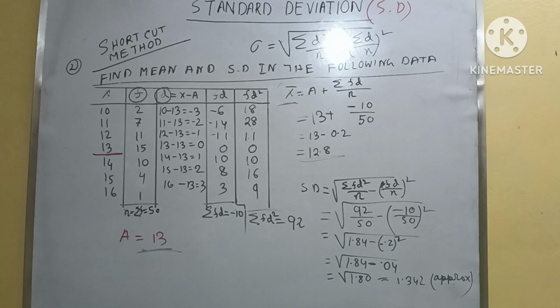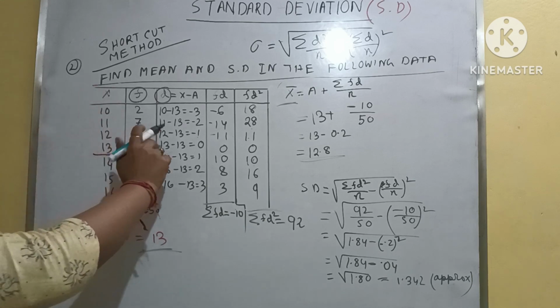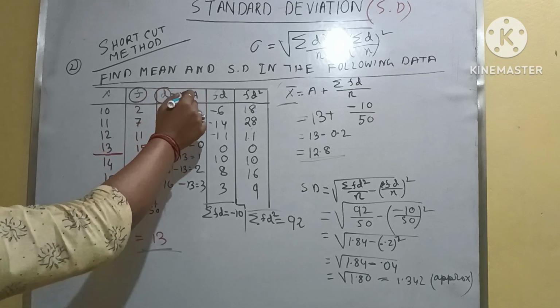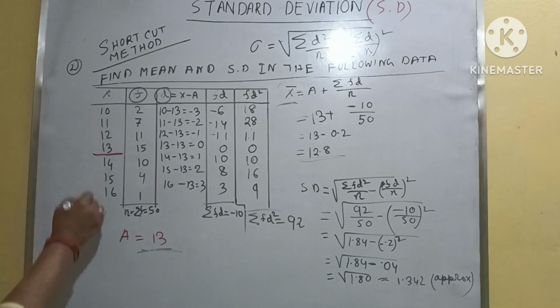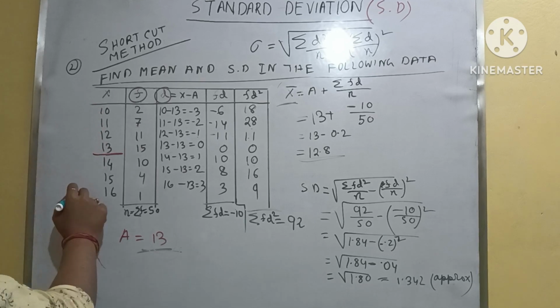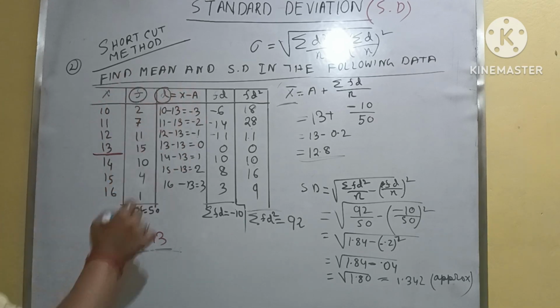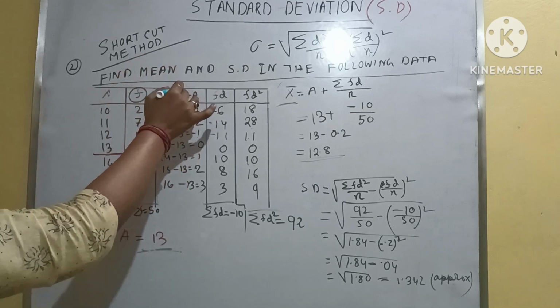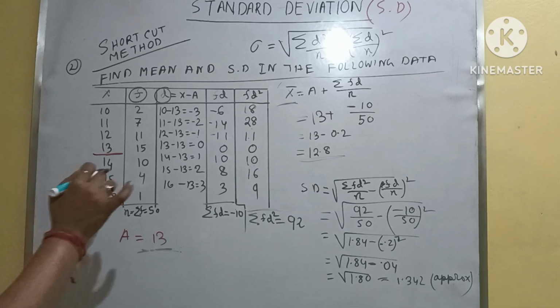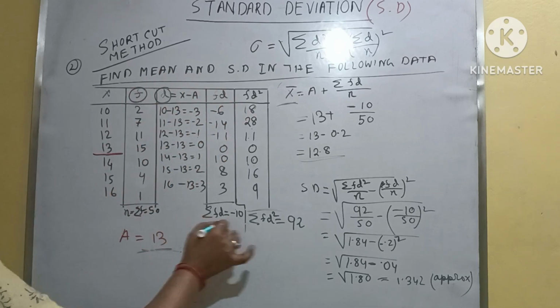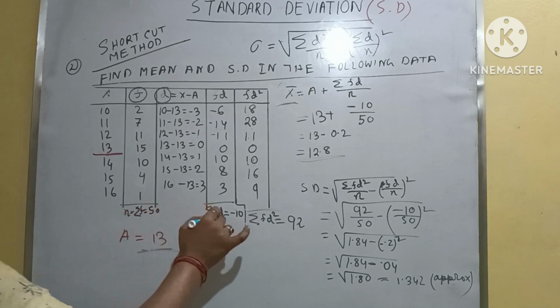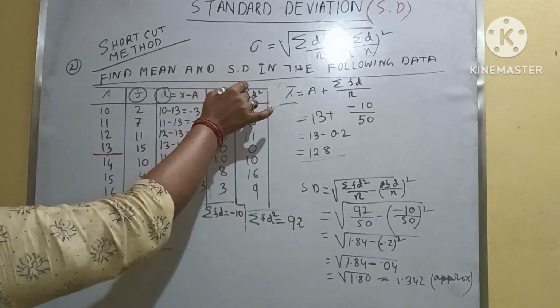Okay, so again I repeat, first we have to take x minus a, where a is the assumed mean, taken from this observation, and then d is x minus a. So we calculate the d values by subtracting a from x, and after that we calculate the fd value, then the summation of fd, and then the fd square.